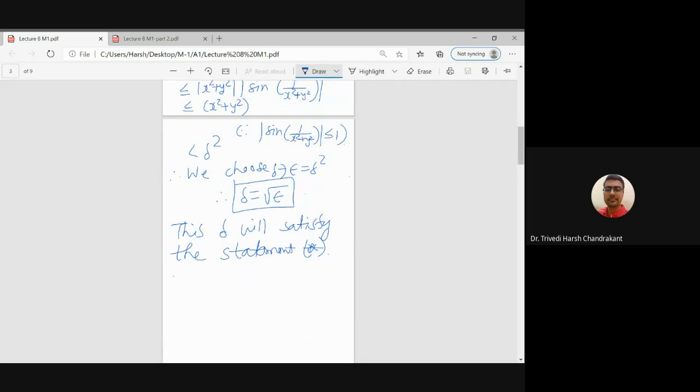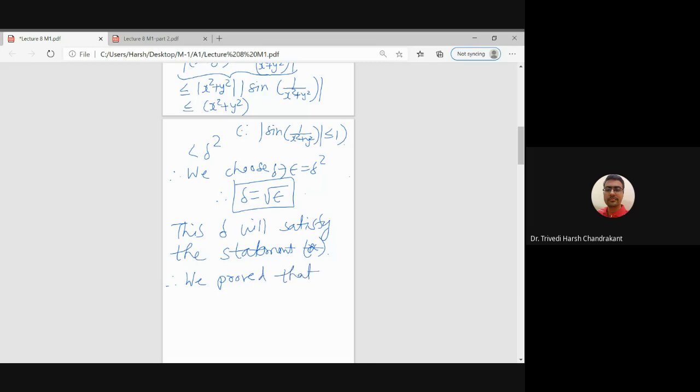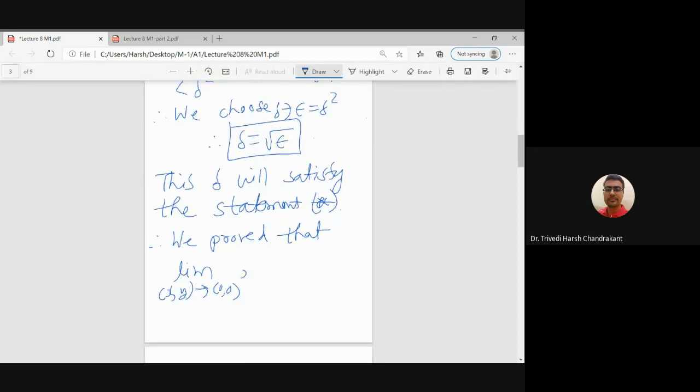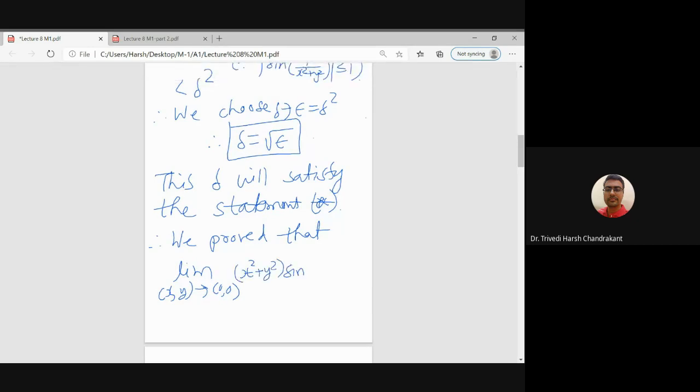So therefore what we have proved is that the limit as (x, y) approaches the origin of (x square plus y square) sine of 1 divided by (x square plus y square) equals 0.